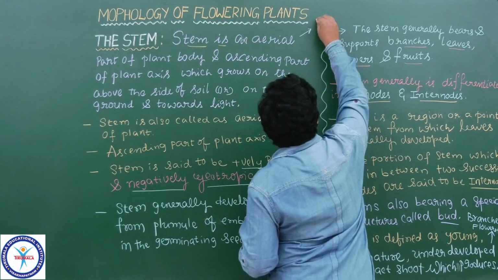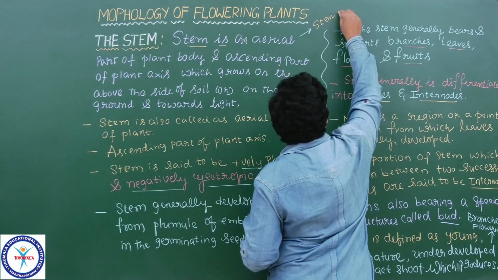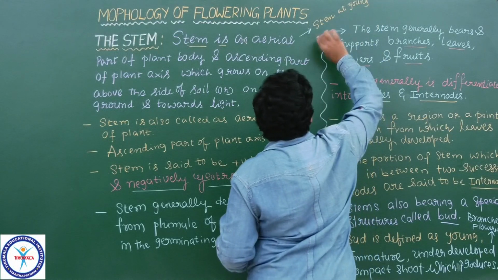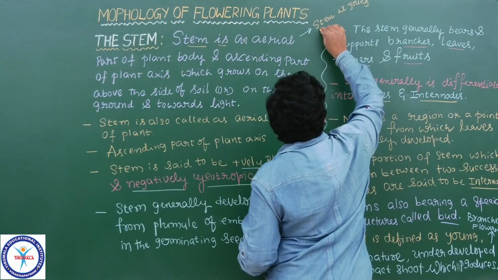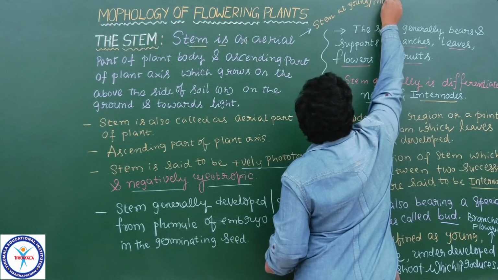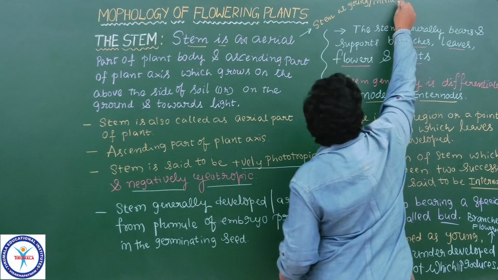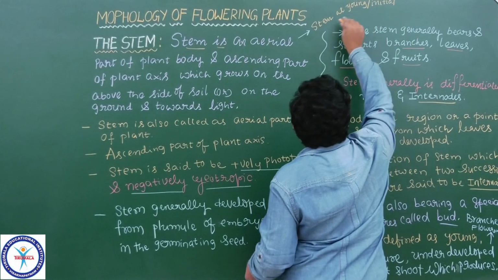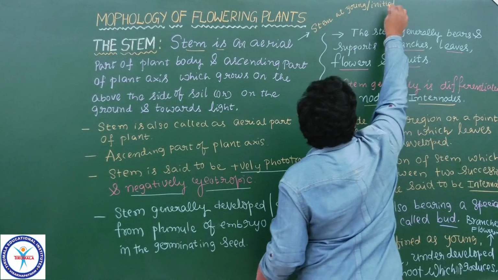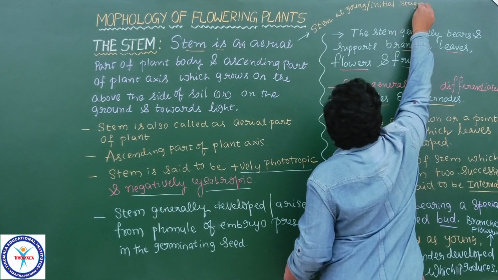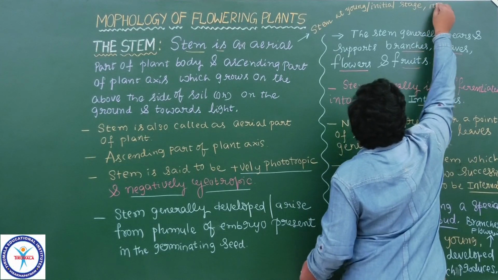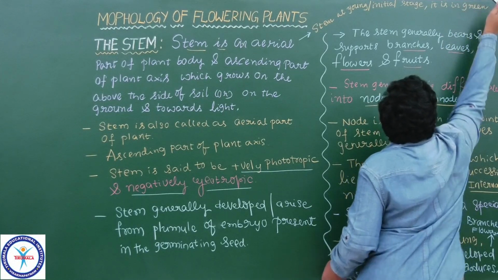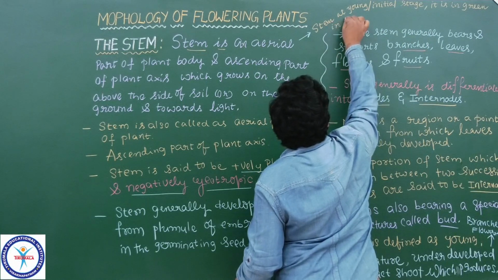Stem generally, at a young stage, as you have seen in many plants, when the new baby plant comes out of the seed during seedling or germination, the stem at that initial stage is green in color.